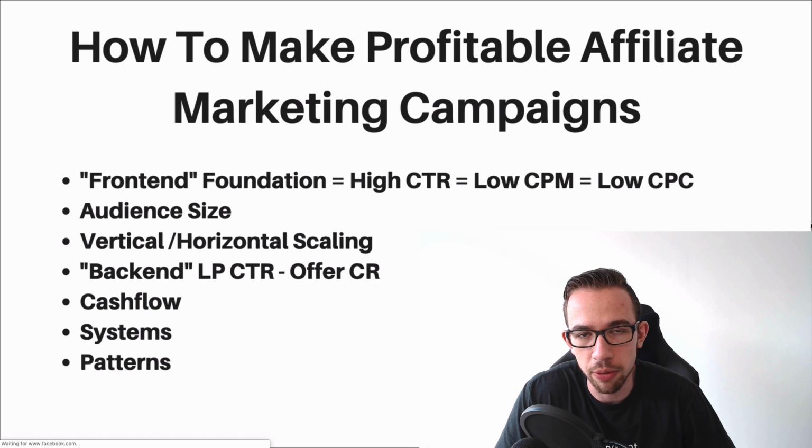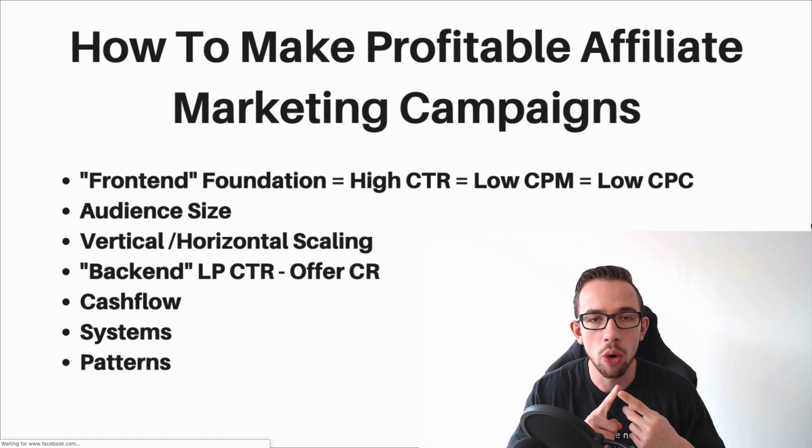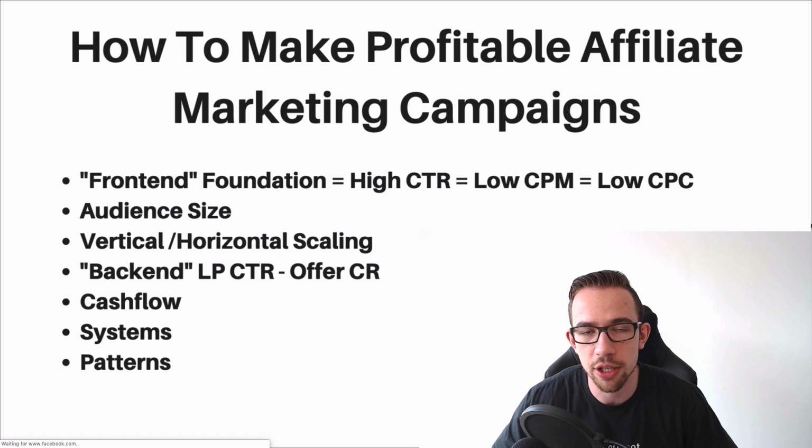So to answer your question, how do I get a high CTR? Either make or test more headlines, or more copy, or more images. Those are the 3 variants that influence the click-through rate, which is very important.